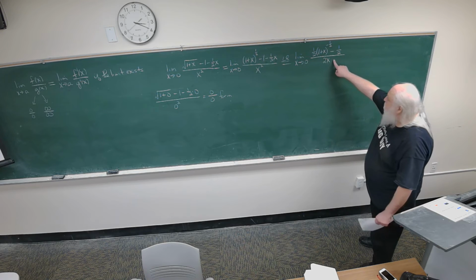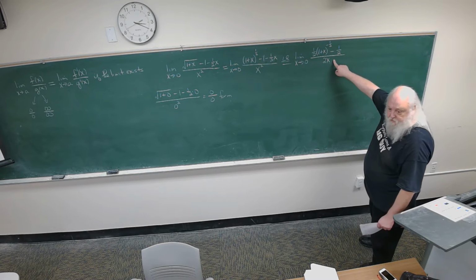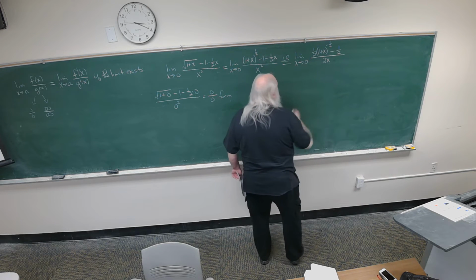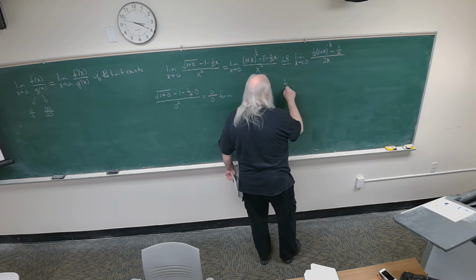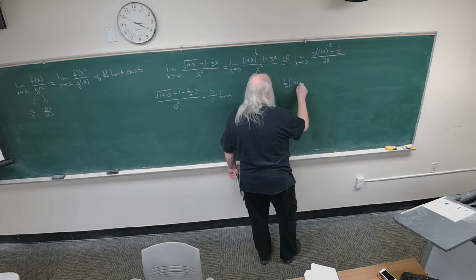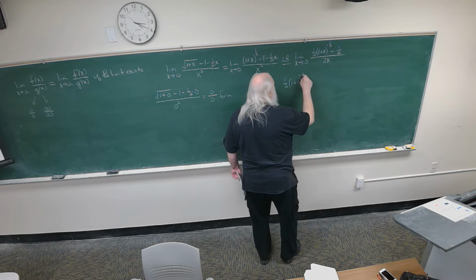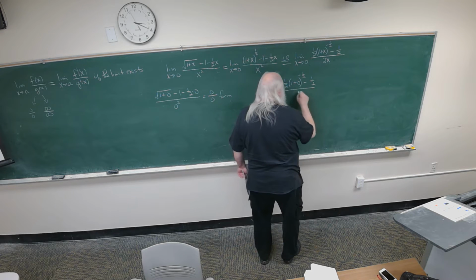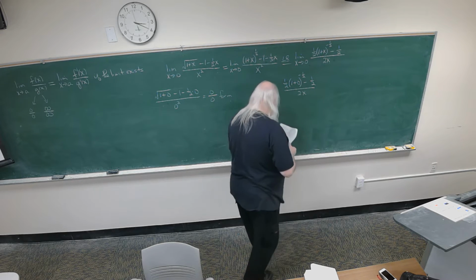Well, now we can do the direct substitution. So I put 0 in for x. I have 1/2 times 1 plus 0 to the minus 1/2, minus 1/2, over 2x. Okay.